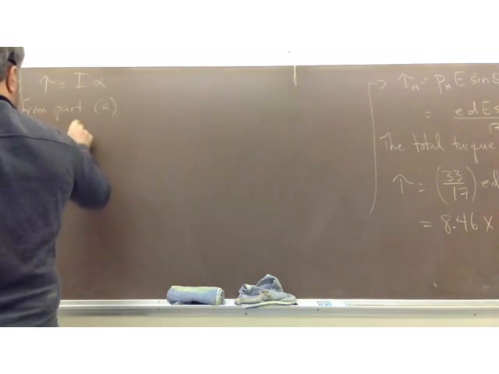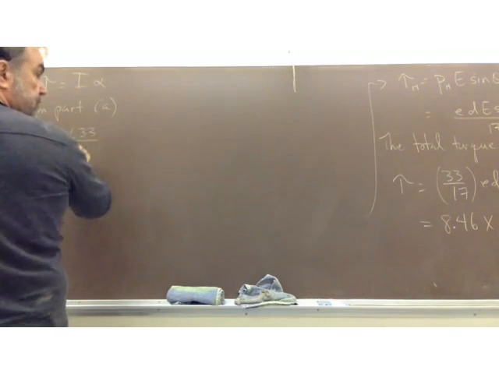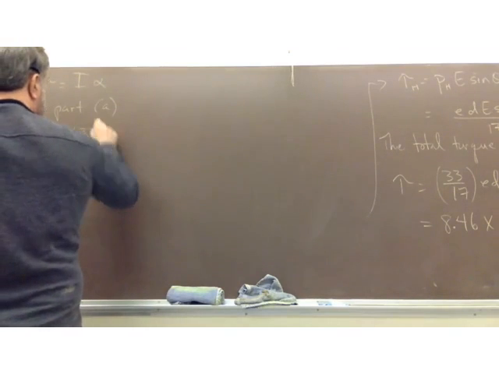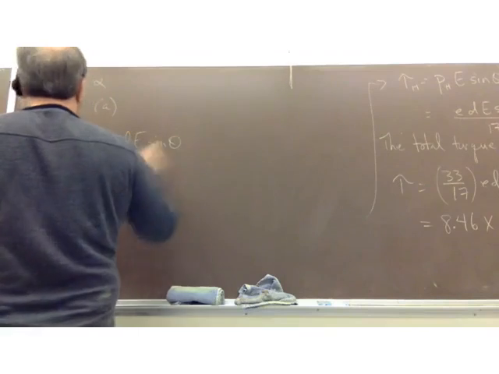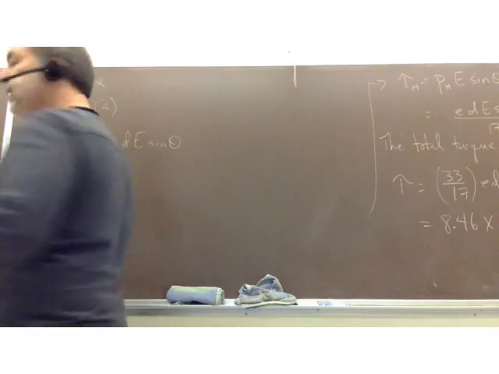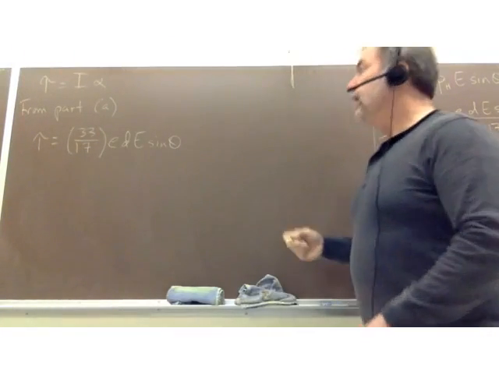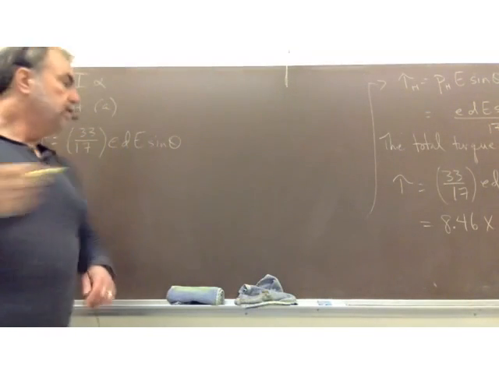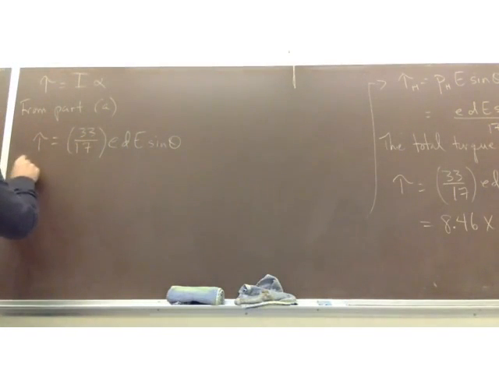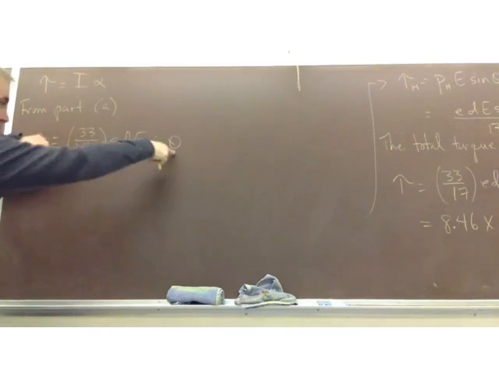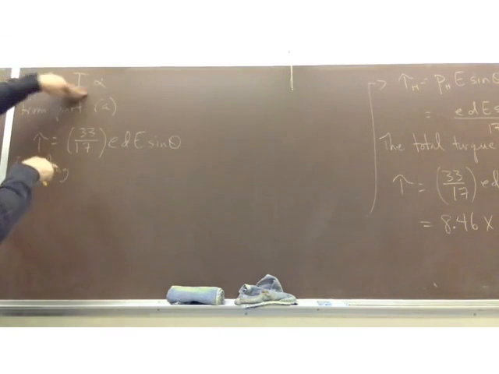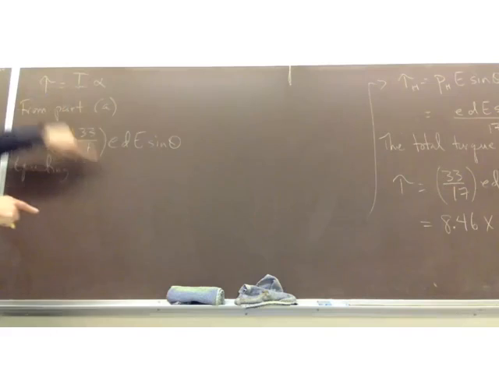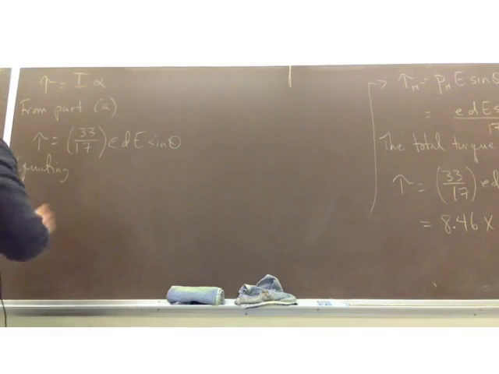Torque is equal to 33 over 17 E D, electric field, sine theta. And so I can equate these. The idea here is since the torque is equal to this and the torque is equal to that, since tau is equal to this and tau is equal to that, then these two things must be equal to each other.